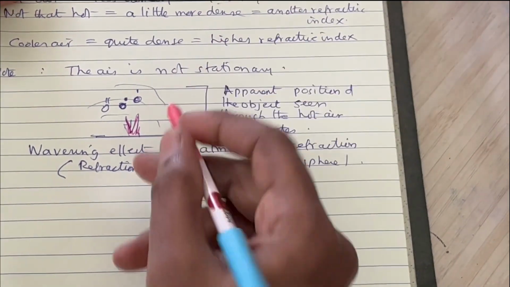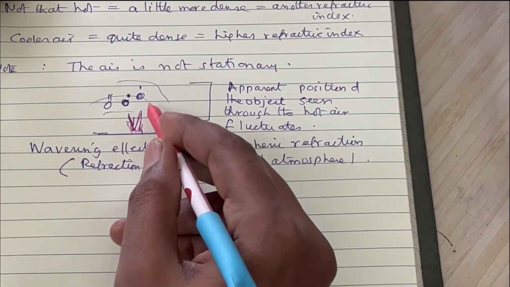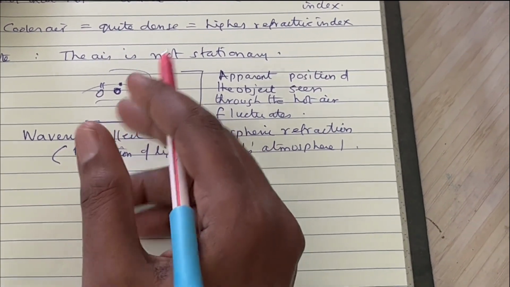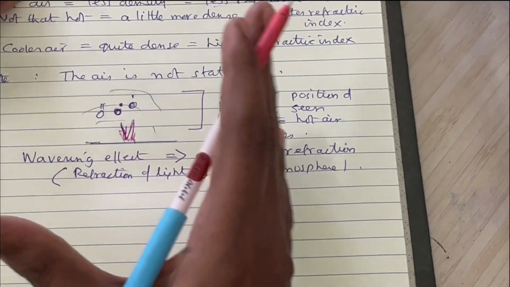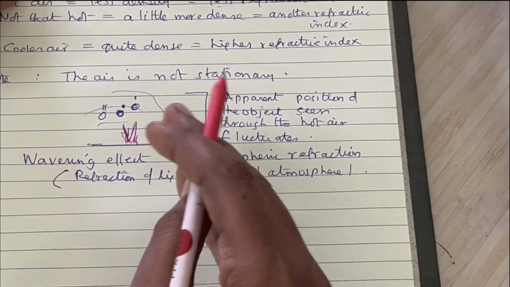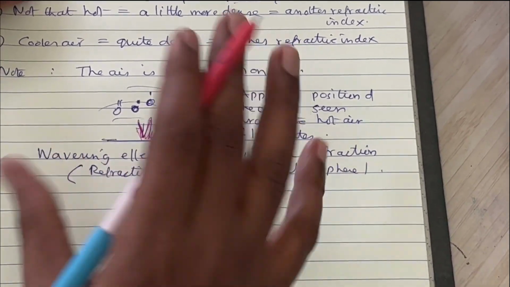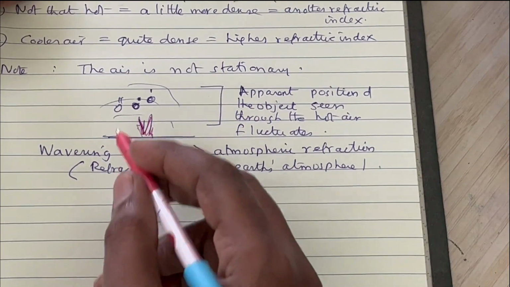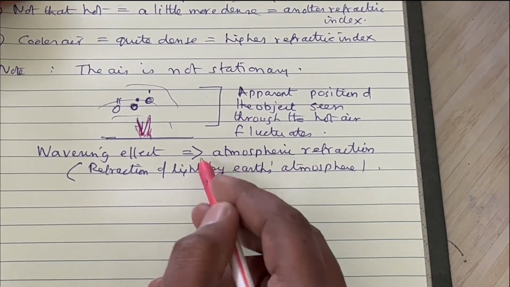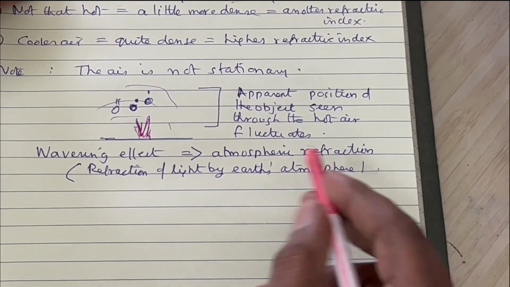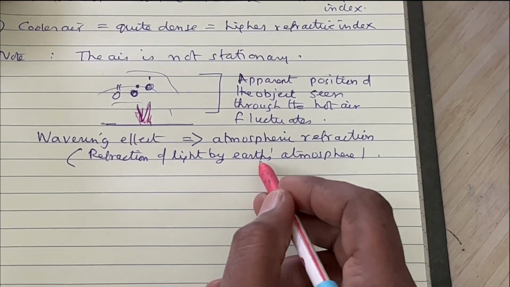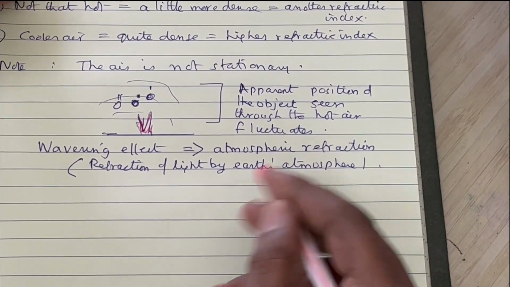So that's the reason why, when you look at an object which is quite near a burning flame, you see a wavering effect. The object seems to shift its position. That's the wavering effect. And this property is called atmospheric refraction because it's a refraction of light by the Earth's atmosphere.